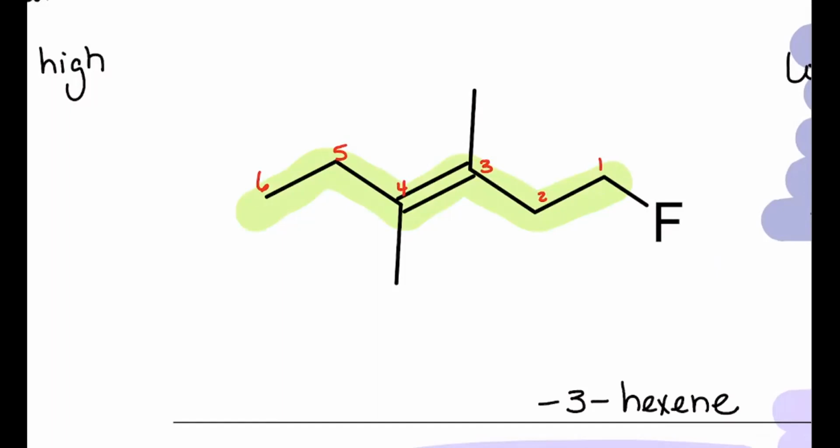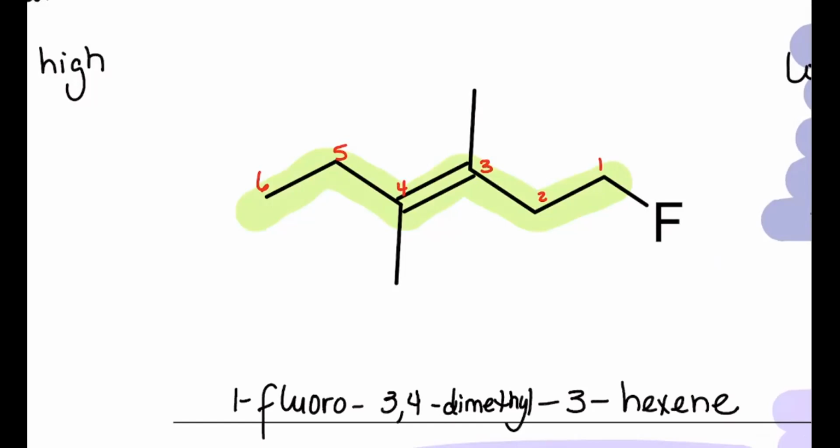And how do we list these substituents correctly? Great. 1-fluoro-3,4-dimethyl-3-hexene.